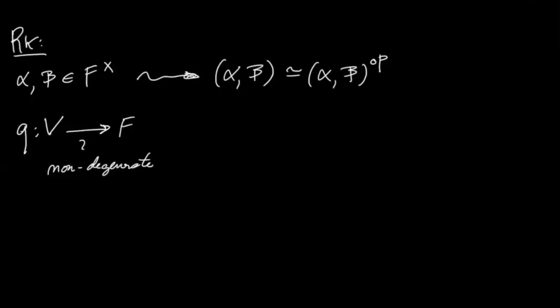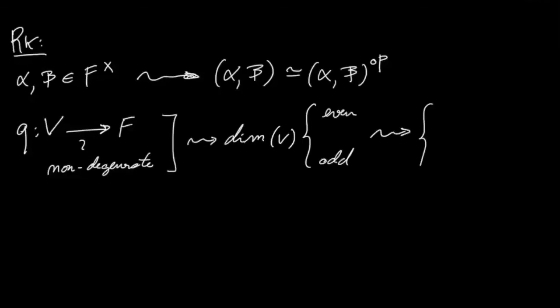Then we saw that we can consider the following cases. So whenever the dimension is even or odd, we saw that the corresponding central simple algebra, in this case, the Clifford algebra of the quadratic form, or the even part of the Clifford algebra, they are isomorphic to their opposites.